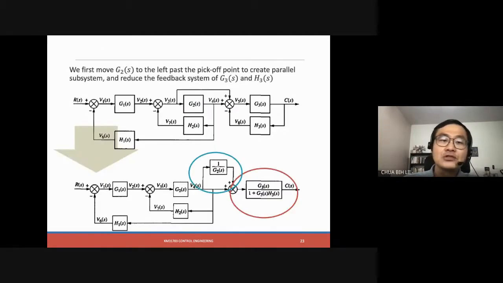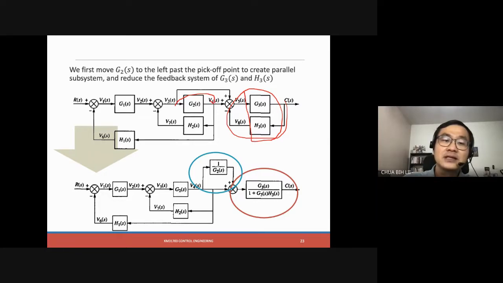Based on that concept, you may follow these ideas from the books. You first identify here is a feedback loop, so simplify it as a feedback, and then from this point you can move it over here so that it forms this way.